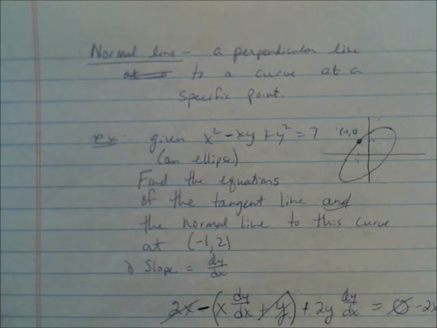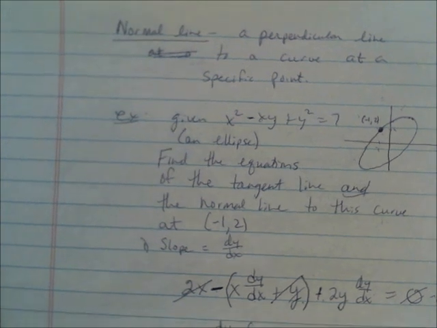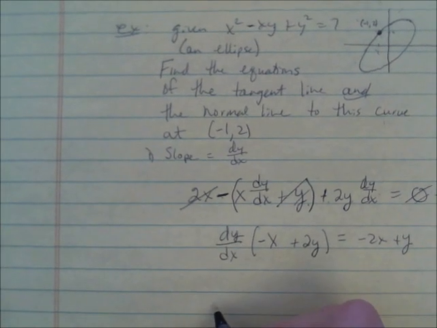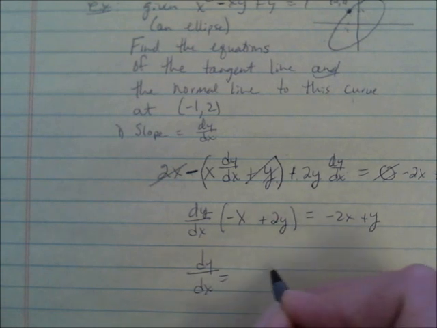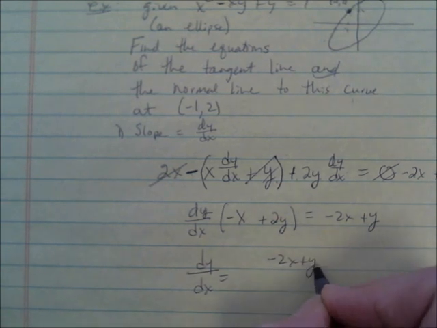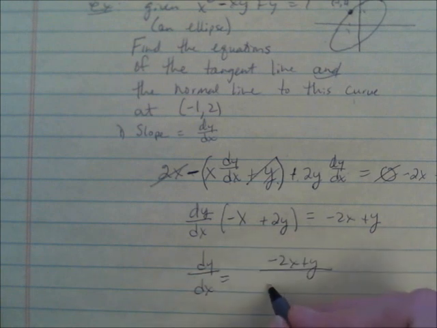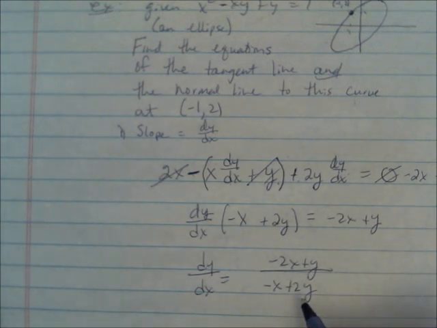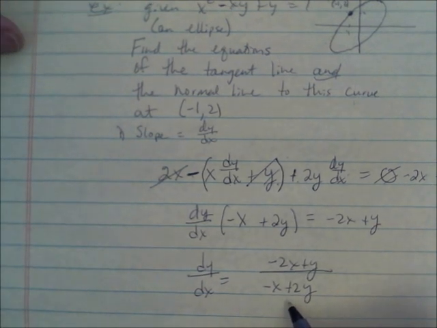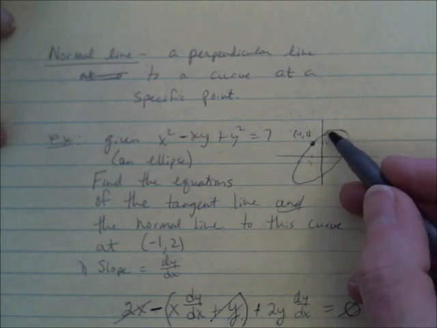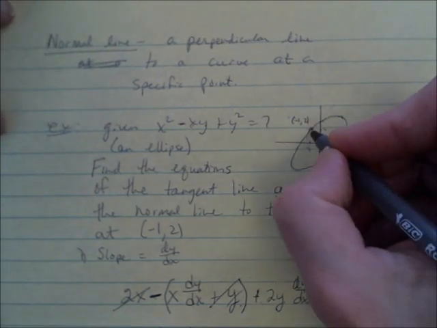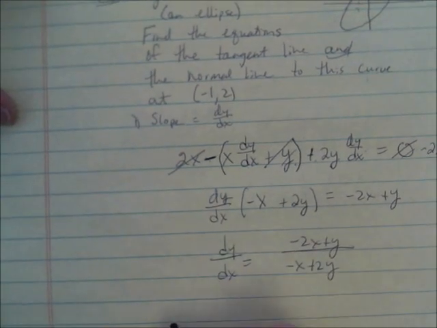Now if you divide both sides by negative x plus 2y, you've got a formula for dy/dx. So dy/dx is equal to negative 2x plus y, all over negative x plus 2y. That's the formula for the slope of this ellipse at any point along the way. We're choosing the point -1, 2.